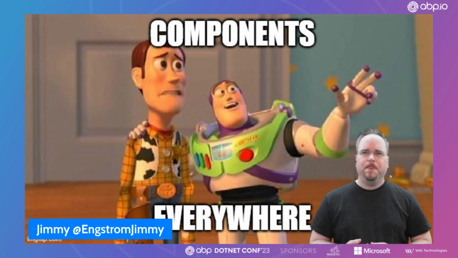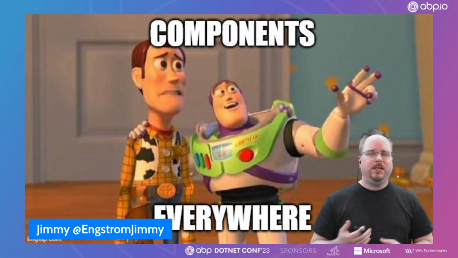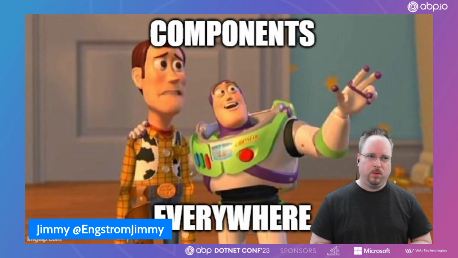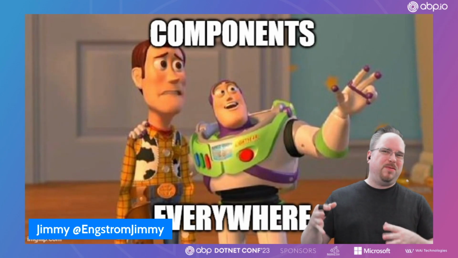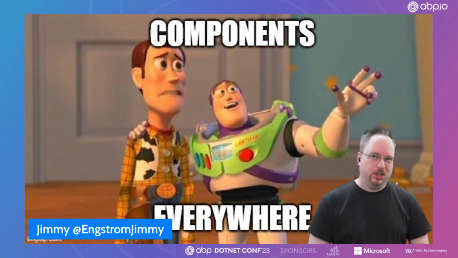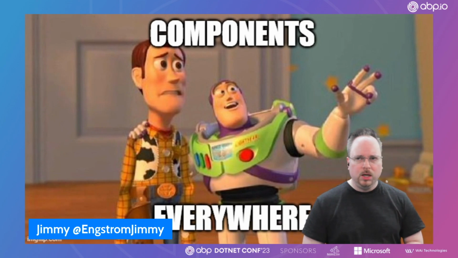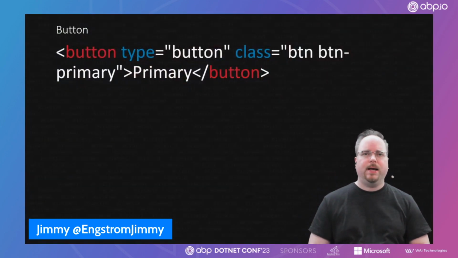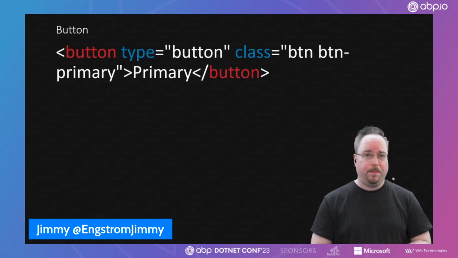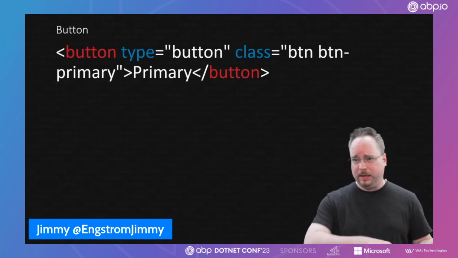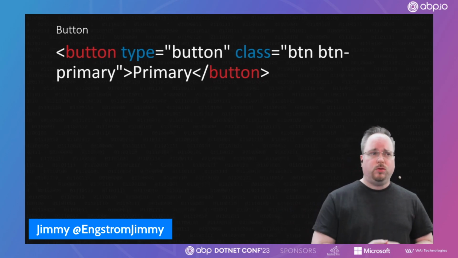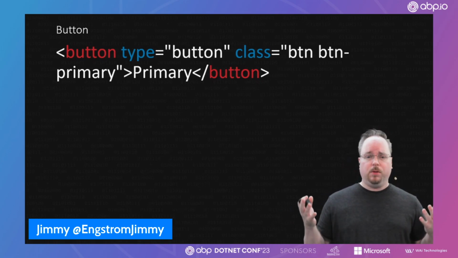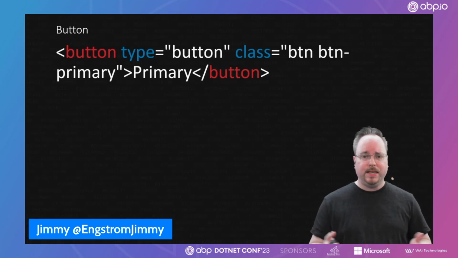So think about, could this component be reused somehow? Can I simplify the usage somehow? So what we ended up with was that we have a bootstrap button. We're still using bootstrap that comes out of the box inside of Blazor. It has a couple of classes, so btn and btn primary.